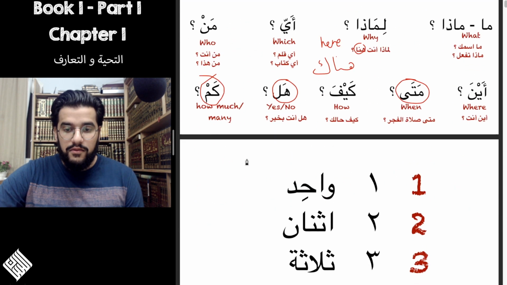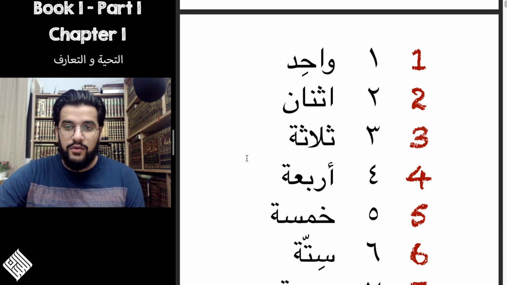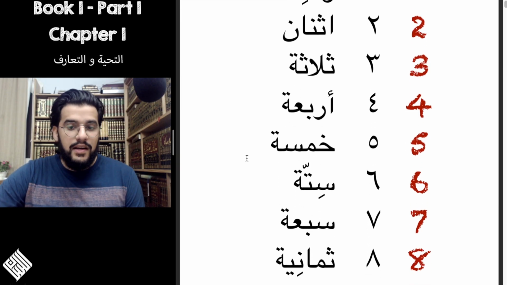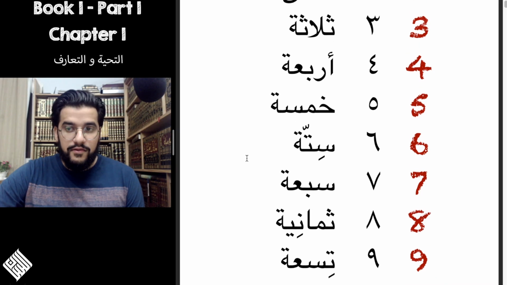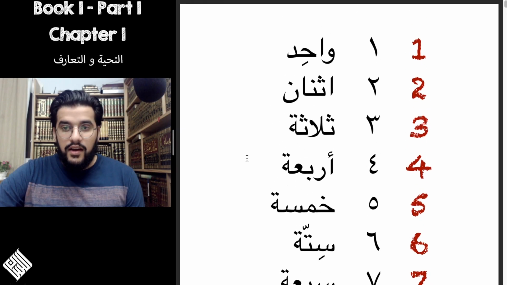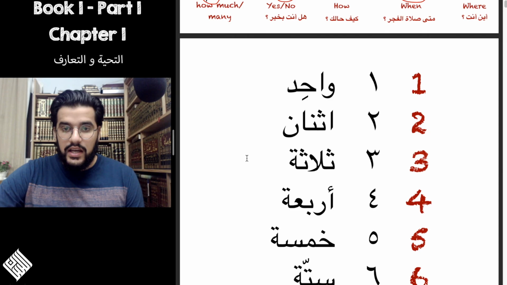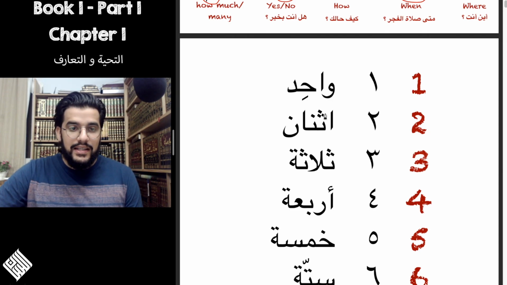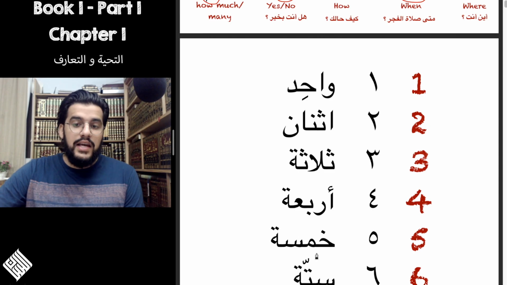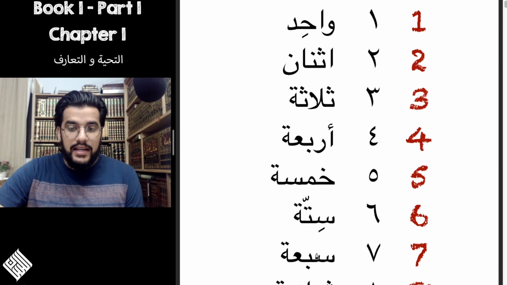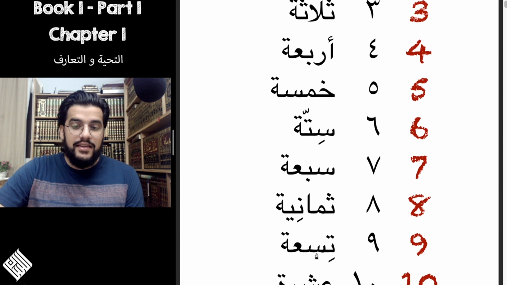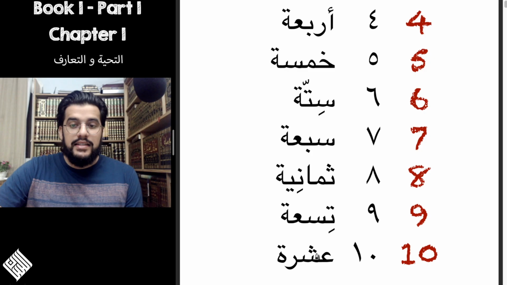Now, if you scroll down, you find another page, which you also don't have in your PDF, I added, which has the numbers from 1 to 10. It's very important to know them if you don't. Let me read them for you real quick. واحد, 1. اثنان, 2. ثلاثة, 3. أربعة, 4. خمسة, 5. ستة, 6. سبعة, 7. ثمانية, 8. تسعة, 9.